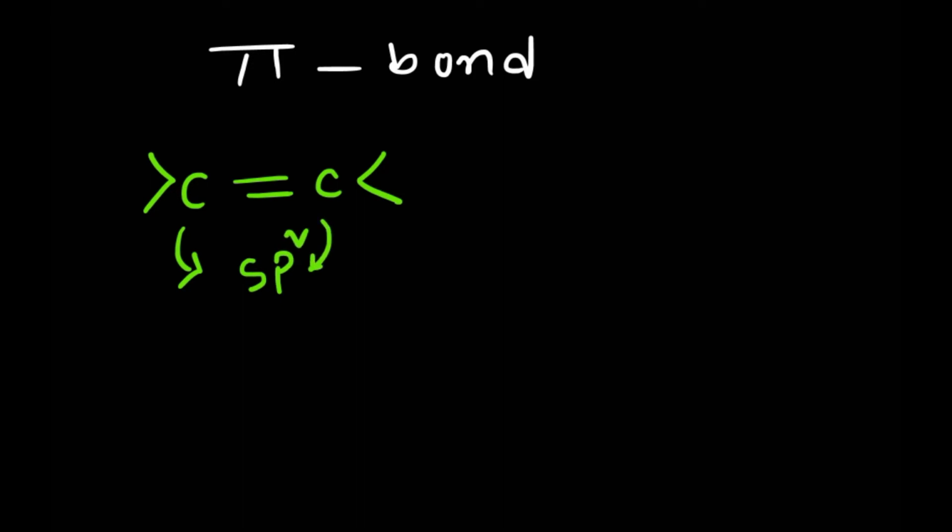In each carbon, two p atomic orbitals participate to form sp2 hybridized orbitals, and the remaining p atomic orbital in each carbon is involved in pi bond formation. These two p atomic orbitals overlap parallelly and make the pi bond.